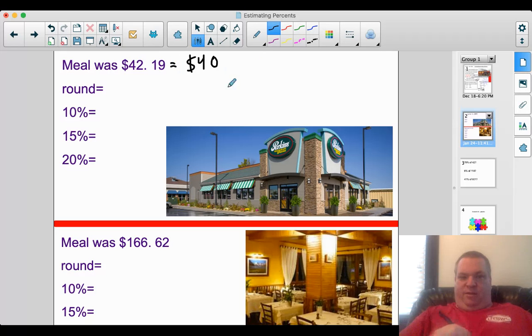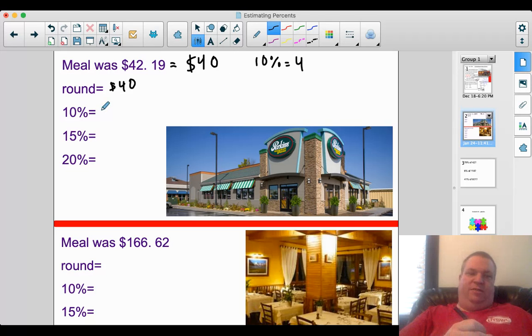So if I'm going to do my tips, first thing I have to do is find out what 10% is. So 10% equals $4. I'm taking this 40 and dropping the 0, or moving the decimal over 1. 1/10 of 40 is 4.